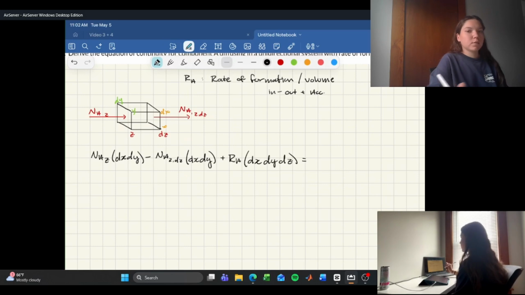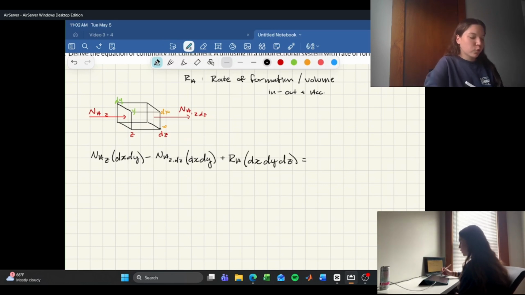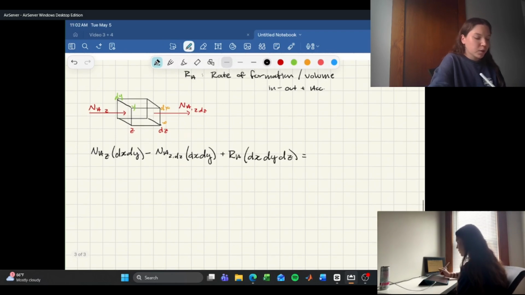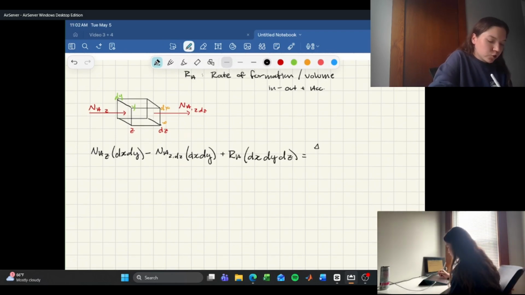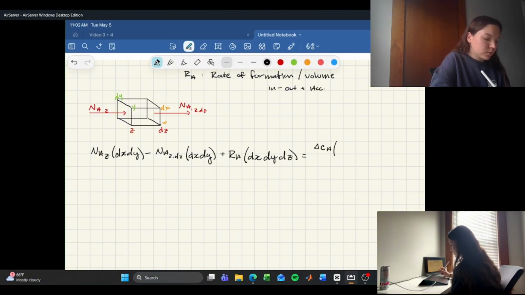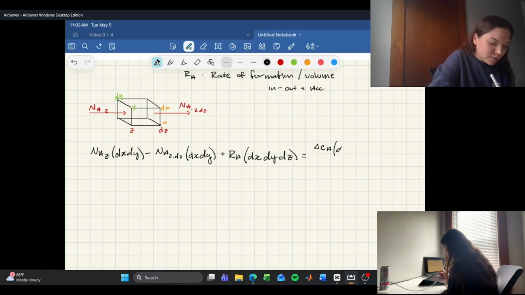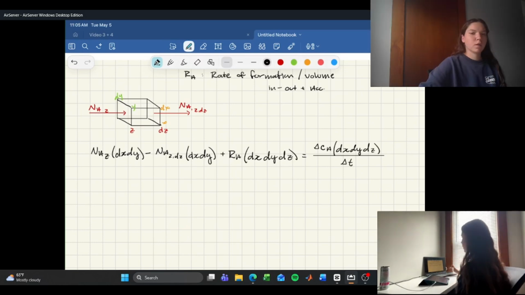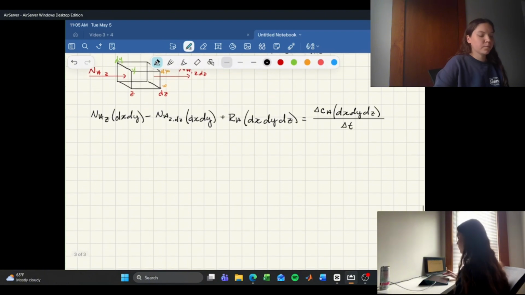Like I've said in numerous other videos, the driving force is some type of gradient, and in this case it's going to be a concentration gradient. So it's going to be the change in concentration of component A times the volume, dx dy dz, over the change in time, because it's a flux.